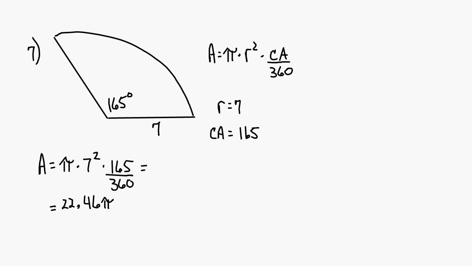They want the answer to the nearest tenth. So while that's still sitting in your calculator, push times the pi button equals 70.55.